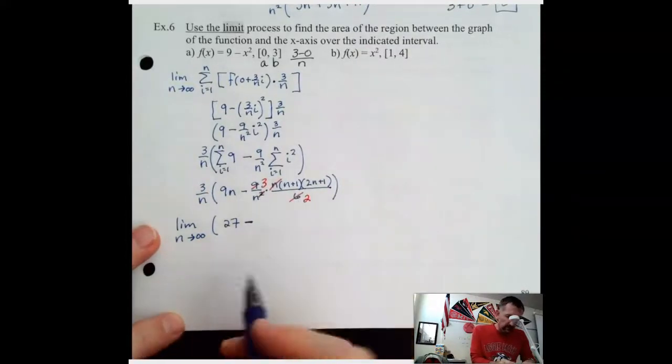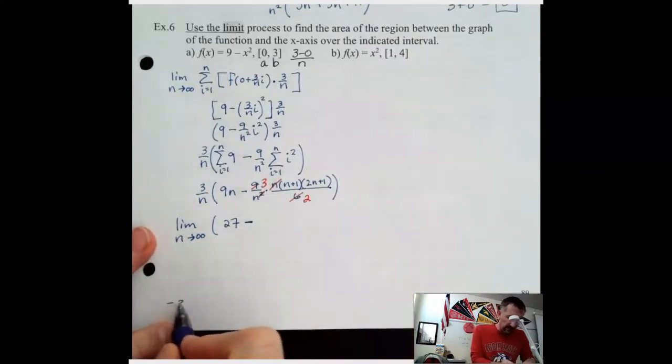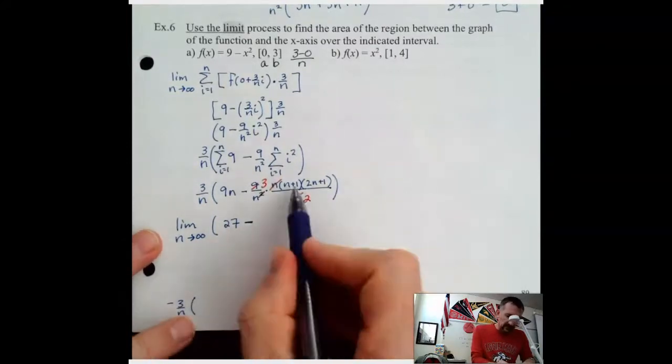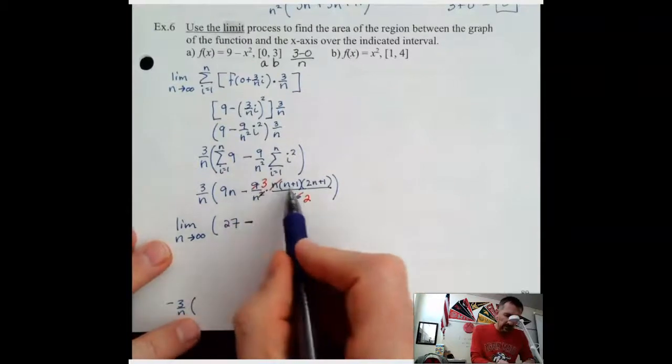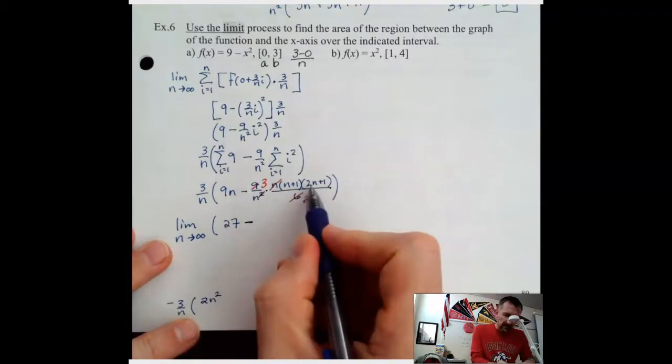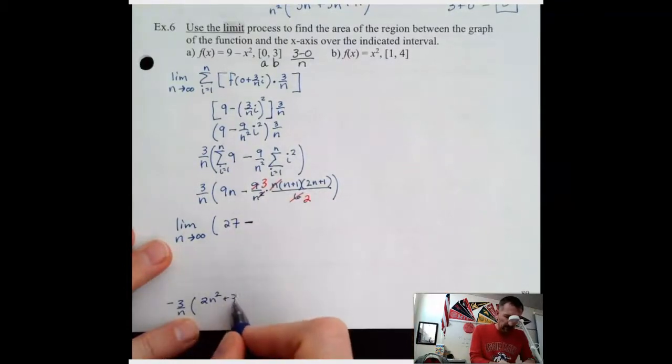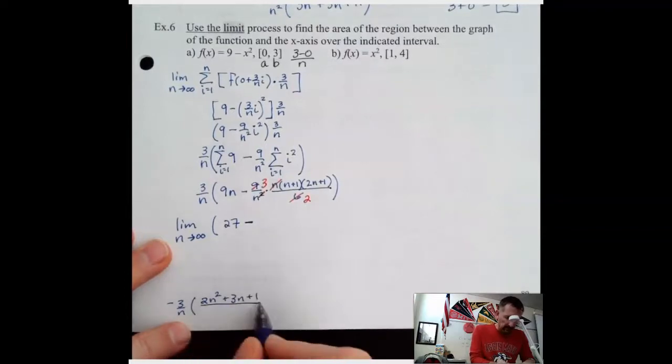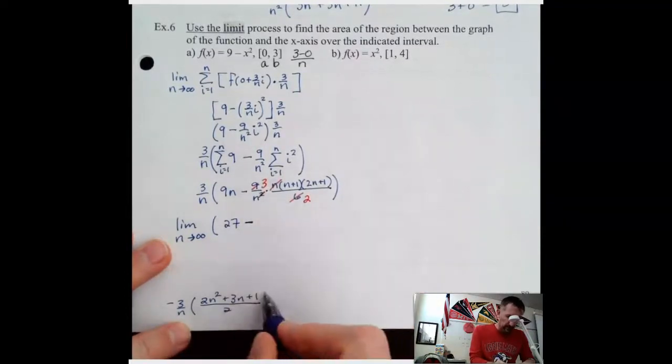So if we FOIL that, we'd have negative 3, that's negative 3 over n. And inside here, we're going to have 2n squared, and then we're going to have 3n, and then we're going to have plus 1. And that's all over 2.